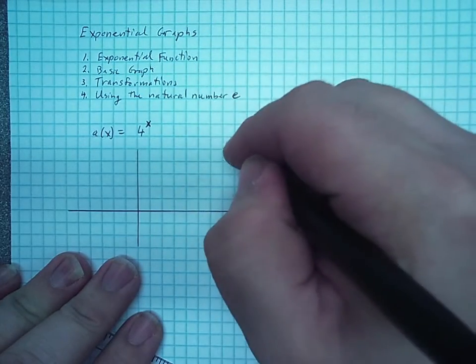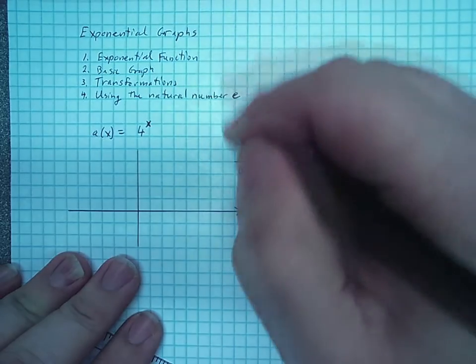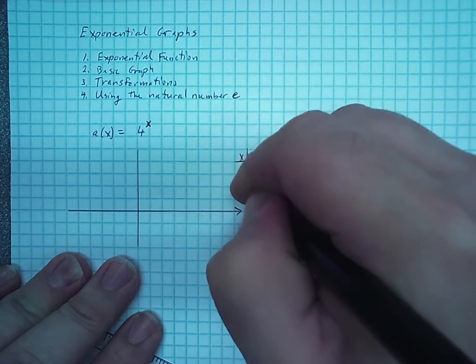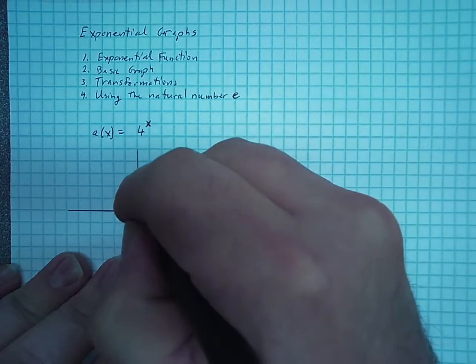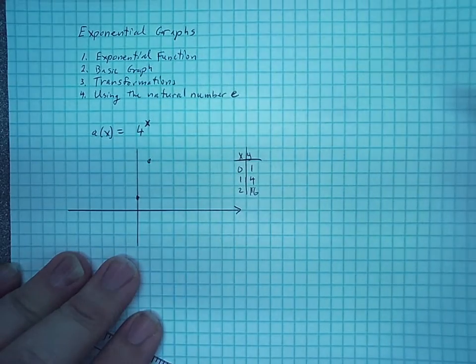In fact, if you make a little xy chart, you'll see what I mean. You can start with 0. 4 to the 0 power is 1. 4 to the first power is 4. 4 squared is 16. So once it starts growing, it grows really fast, right up off the top of my page here.